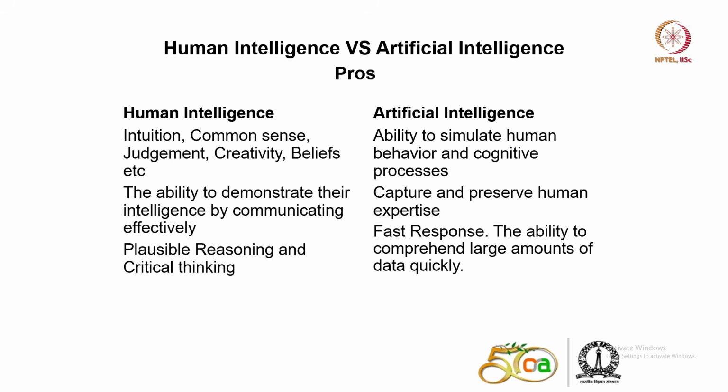The intelligence which is there in artificial intelligence, you use logic or whatever you are using, works much faster than human intelligence, okay. And it can be used to capture some of the human expertise, okay. For example, if you take expert systems, the doctor's expertise or the rules of thumb or the heuristics which they use can be preserved, captured, and put into the system, right.